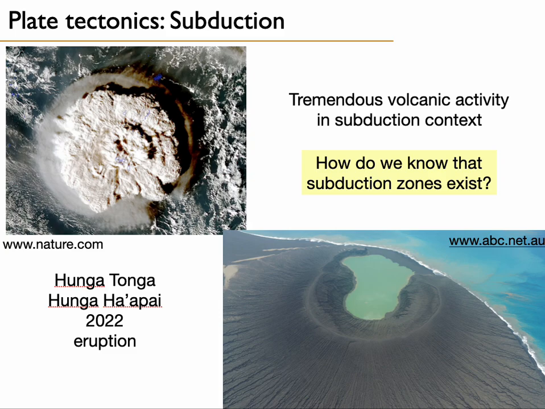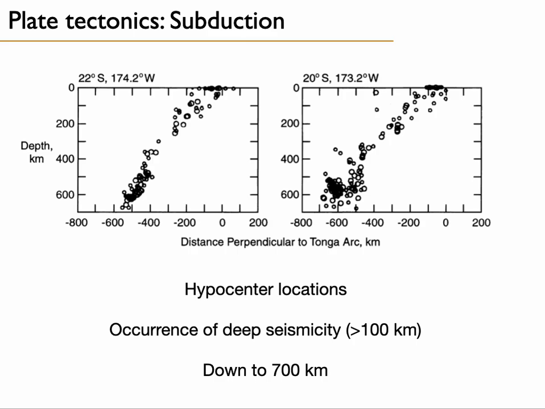So how do we know that subduction zones actually exist? In fact, subduction zones can be traced down in the deep upper mantle, at least, by using the location of hypocenters.